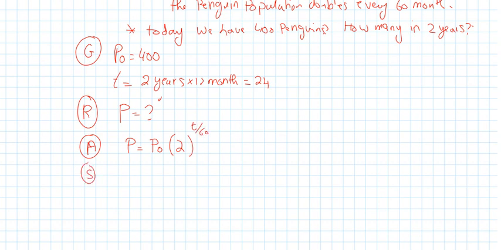2 to the power of T over 5. So what's T? T is 24. So it's going to be 24 divided by 6.